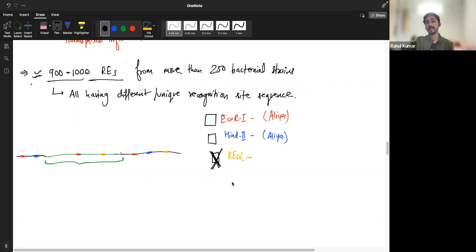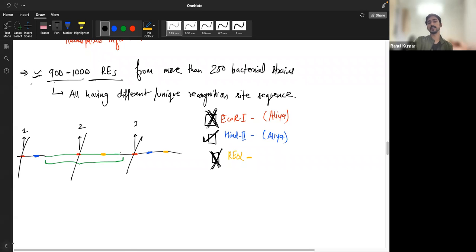Fine. So the right answer is we can only use HindIII in this case. We cannot use EcoRI if we want to get this gene fragment, because EcoRI has these 1, 2, and 3 sites. So it will cut here, here, and here.